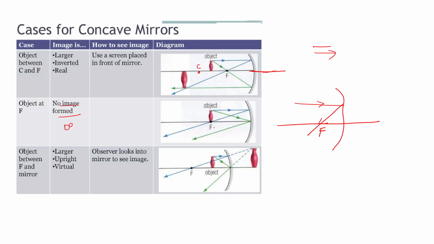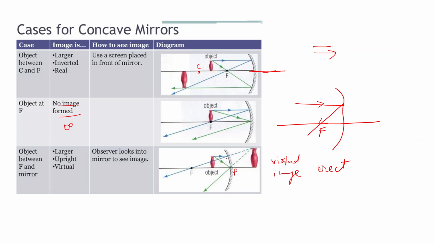Now when we bring it even closer, that is between the focus and the pole of the mirror, the image formed is a virtual image, which we know is always erect, and it's larger than the size of the object.